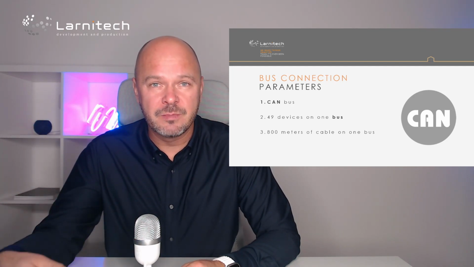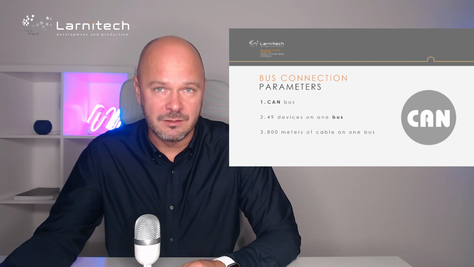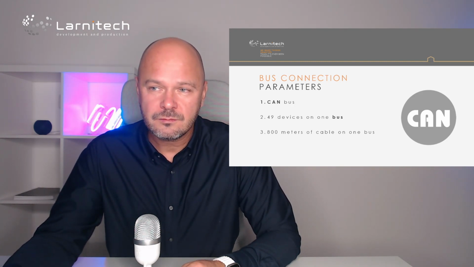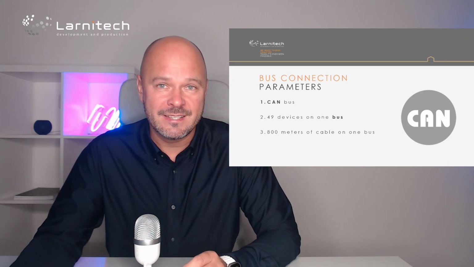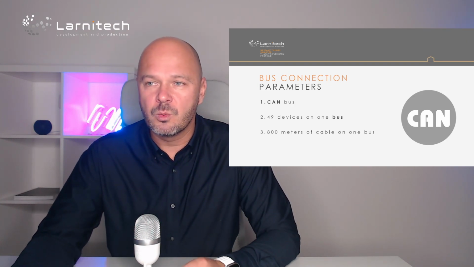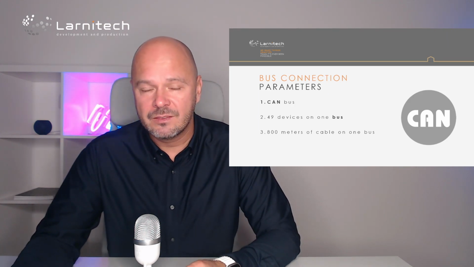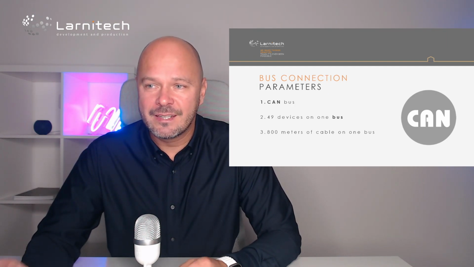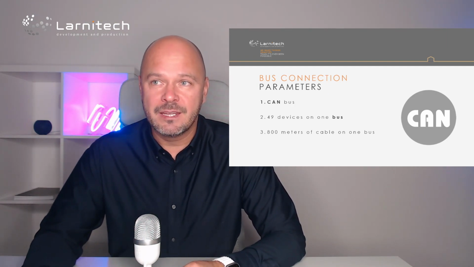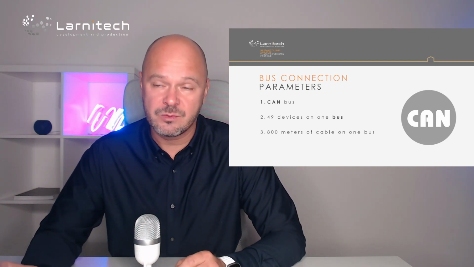So CAN bus is very high speed and high reliable. So it is usually used where this high reliability is needed. But we use CAN bus for home automation because at this moment of development of the market, the CAN bus devices became cheap enough to be used in home automation, as we think.